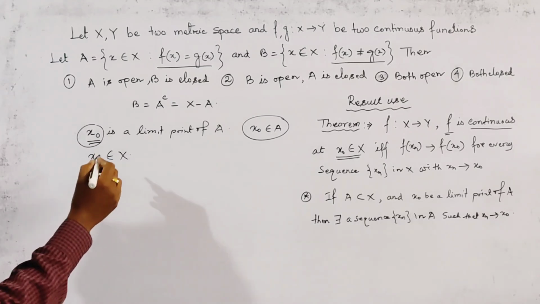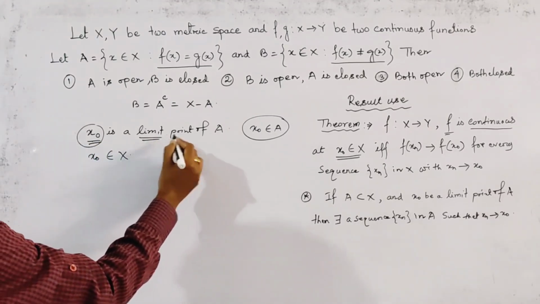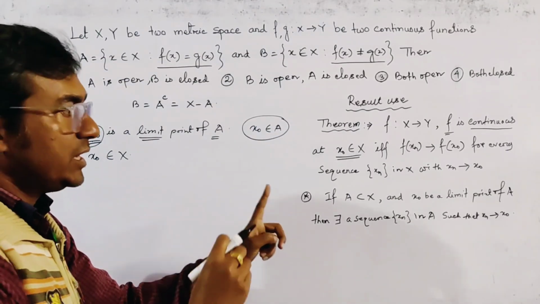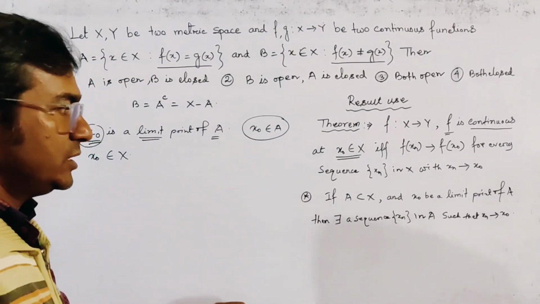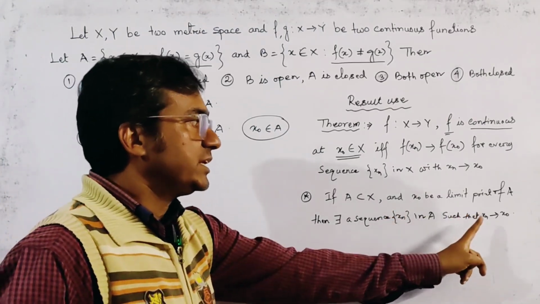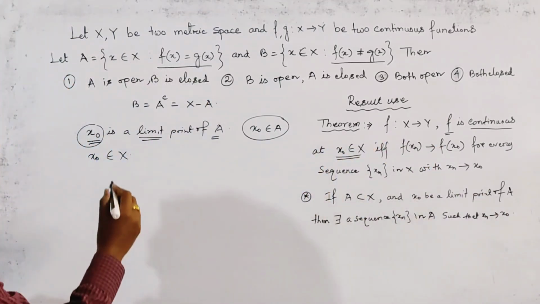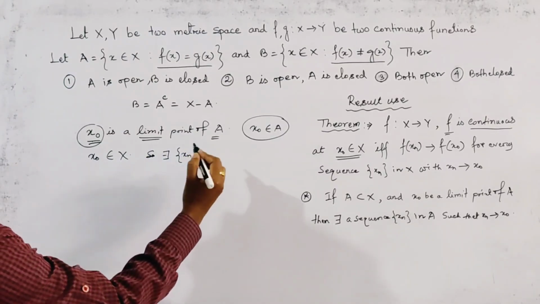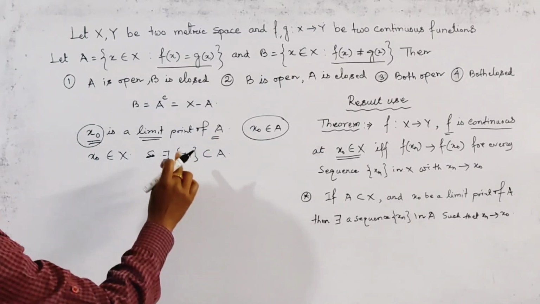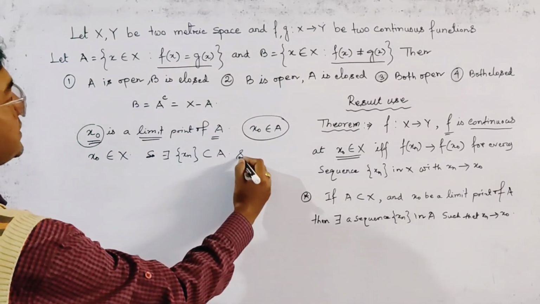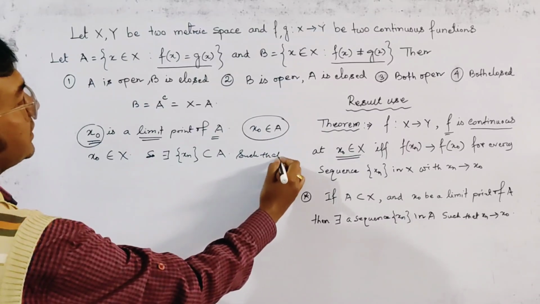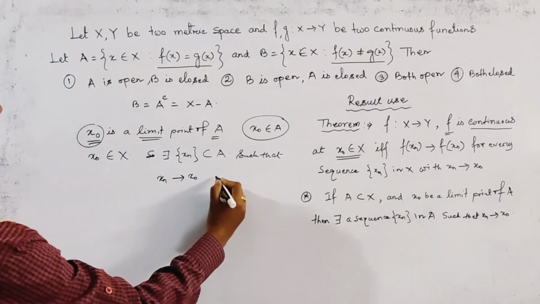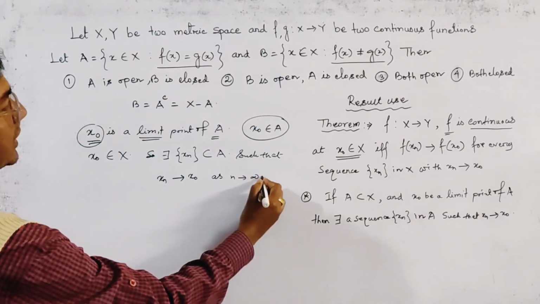Now since x0 is a limit point of A, by the second result there must be a sequence xn in A such that xn tends to x0 as n tends to infinity.